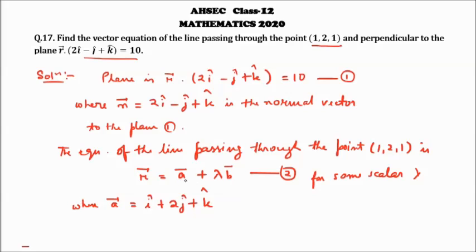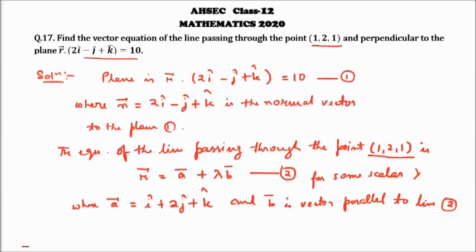So a vector is nothing but the position vector of this point. And by the general definition of the equation of a line, we know that this b vector is parallel to the line number 2.